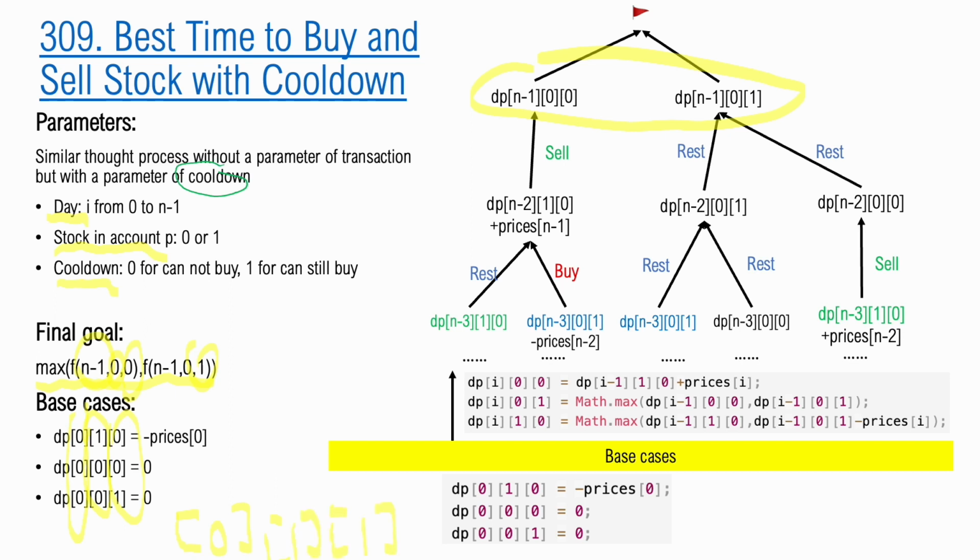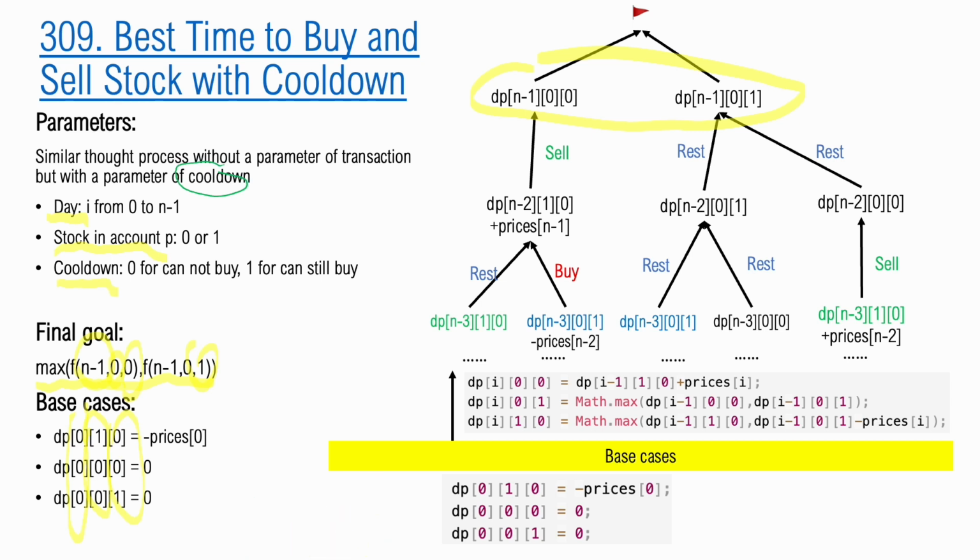Because if you have 1 at the second parameter, it means at the end of the first day you bought a stock. If you bought a stock, you can't buy another stock, because you have to sell the stock before you buy another one. So there will be no such combination 0, 1, 1.